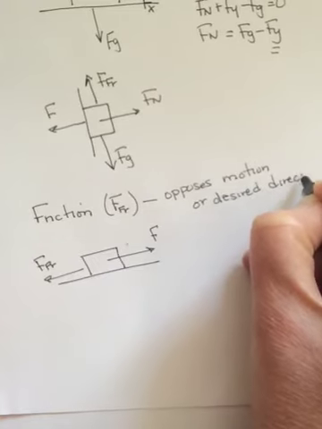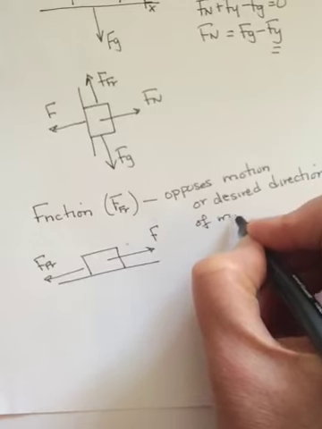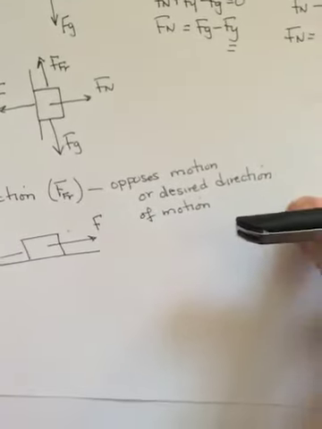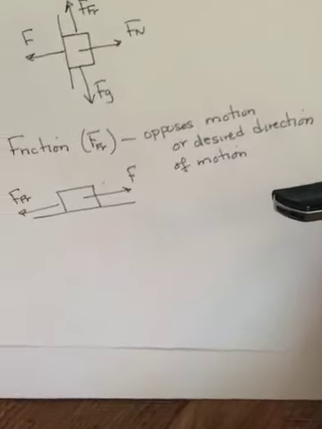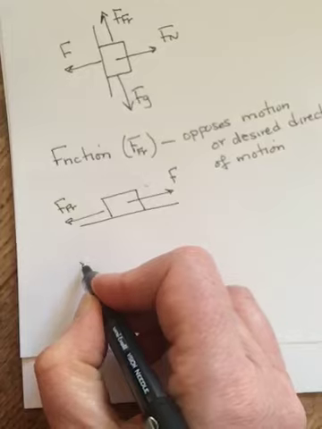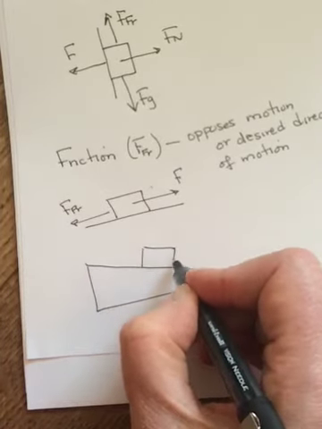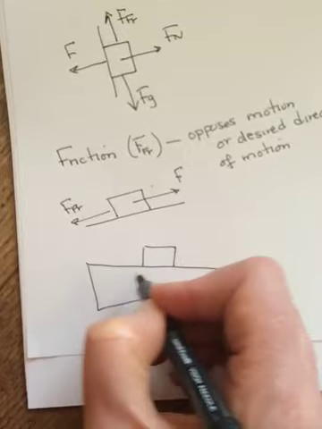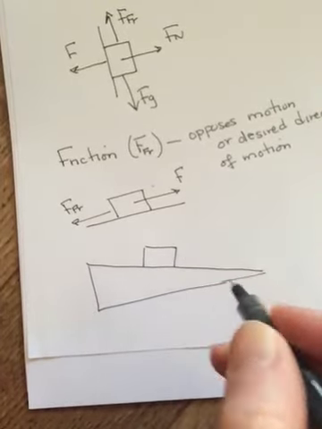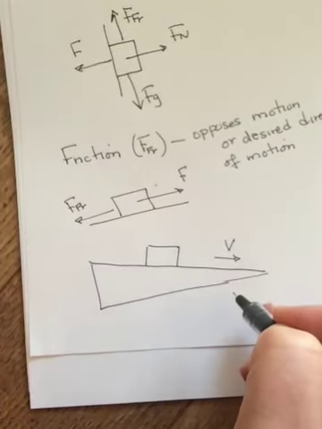And what I mean by that desired direction of motion is sometimes the object isn't moving, but it wants to, but friction won't let it. So imagine you have a ramp with a box on the ramp. You should be able to imagine that if this ramp is really slippery or steep enough, the box would move down the ramp.